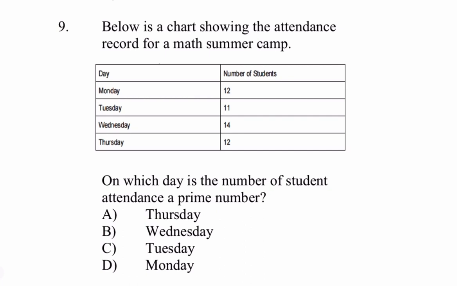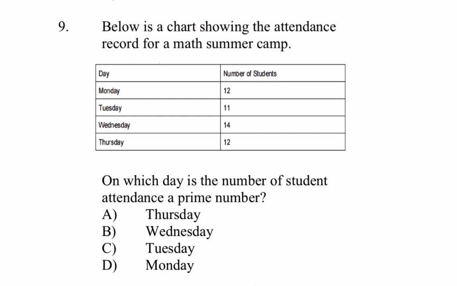And number 9. Below is a chart showing the attendance record for math summer camp. On which day is the number of students' attendance a prime number?